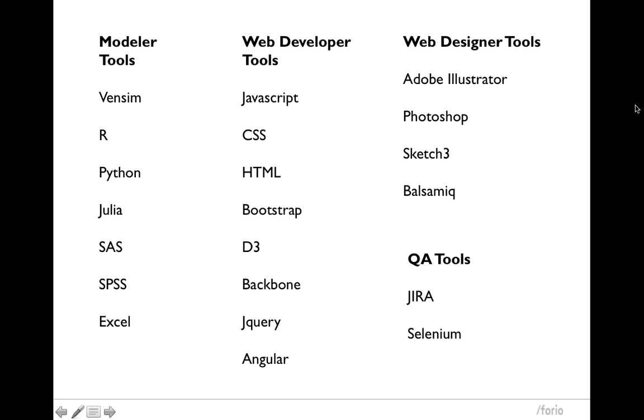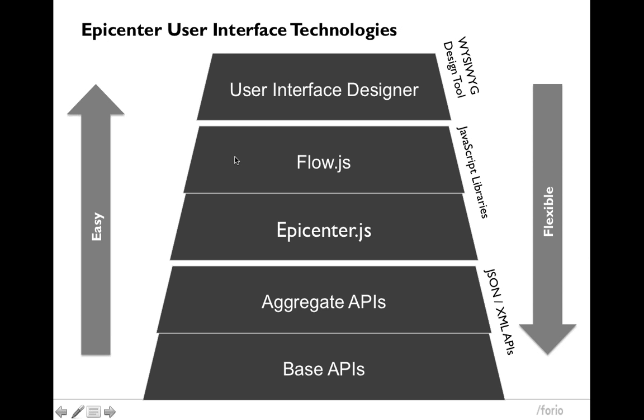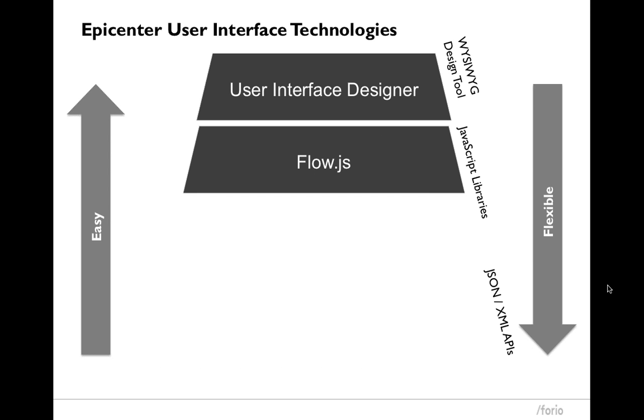So to illustrate that, what Epicenter has is a stack of technologies for building these interfaces. And there's a trade-off in this stack, in that at the top of the stack, things are easier. It's easier to build things, but it's less flexible. And as you go down the stack, you have a lot of flexibility, but that means that you're doing more coding.